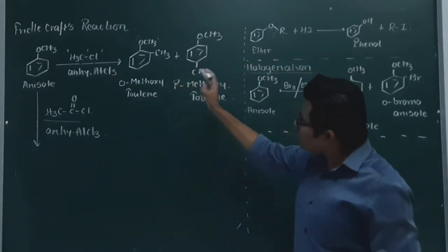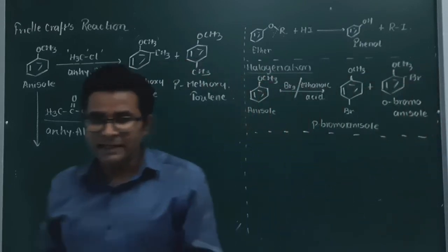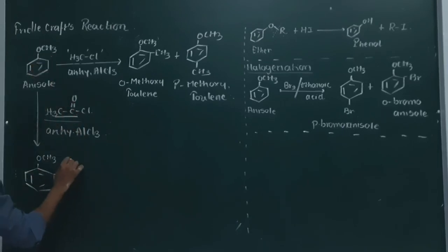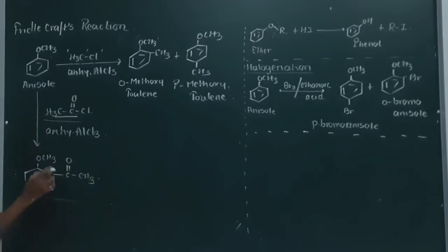The first one was Friedel-Crafts alkylation. Now it's going to be the Friedel-Crafts acylation. So, in an acylation process, what we have here is CH3. This one connects at the ortho position, giving rise to CH3. Thus, what we are going to have is ortho methoxy acetophenone.